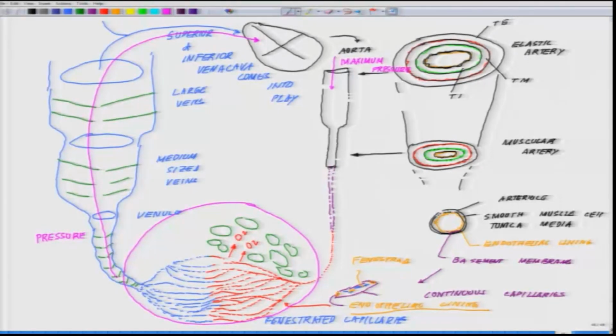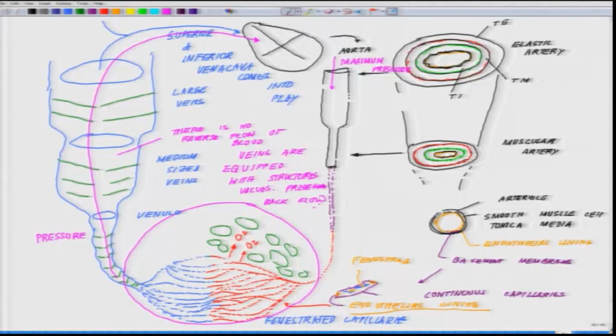In order to ensure that there is no reverse flow of blood, veins are equipped with structures or valves, you can call them, preventing backflow, whereas arteries do not need that.